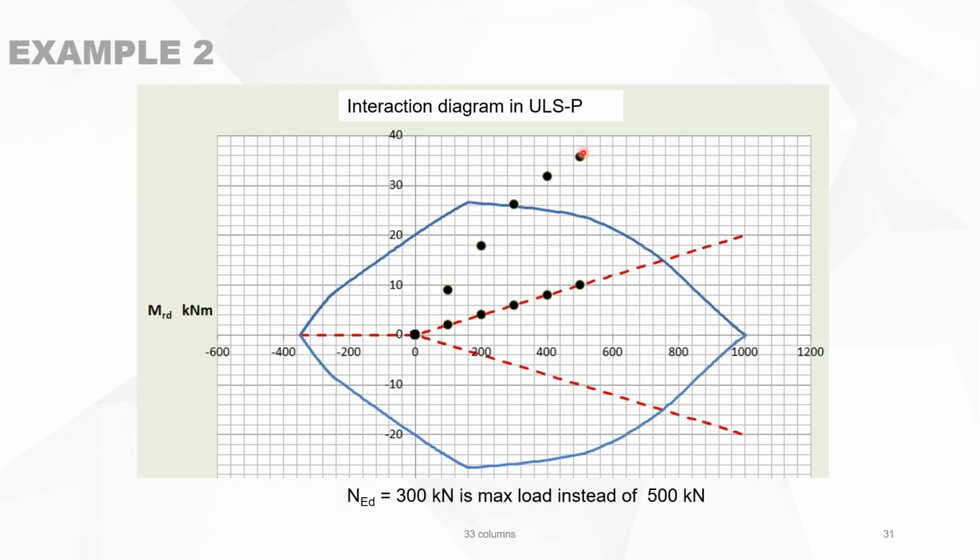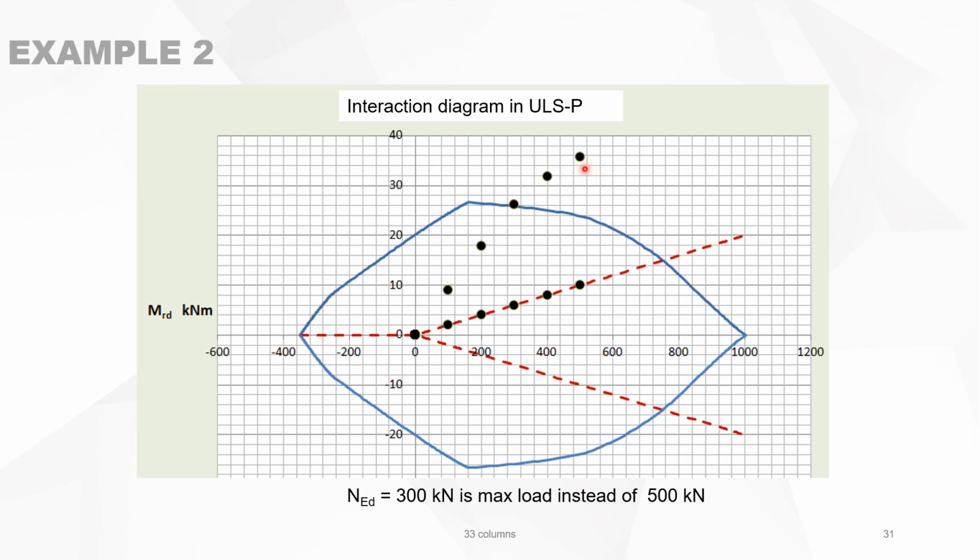Now, what we can do is we can say, okay, the column is loaded with 500 kilonewton normal force, centrically placed, and it's buckling out. There are 4 diameter 16 as reinforcement in a section of 200 by 200 millimeters. So that's heavily reinforced.